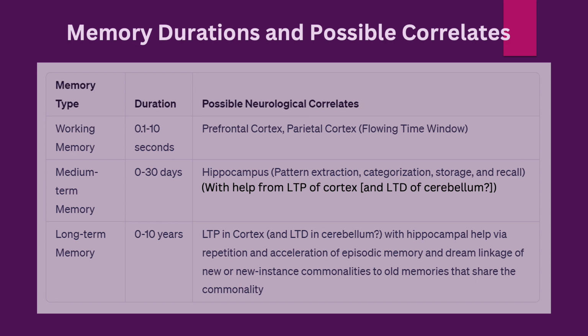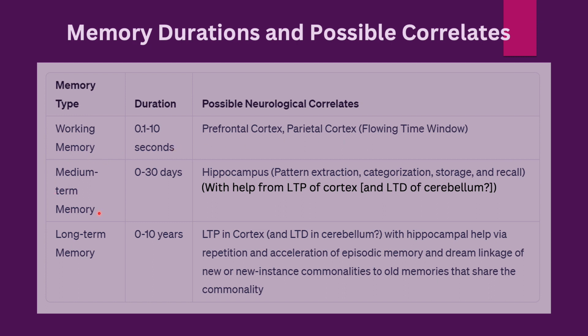In terms of episodic memory, what are the duration ranges and what are the possible correlates? Well, you have the working memory, which is the shortest, 0.1 to 10 seconds, analogous to what I call flowing time window. And its correlate would probably be the prefrontal cortex and the posterior parietal cortex.